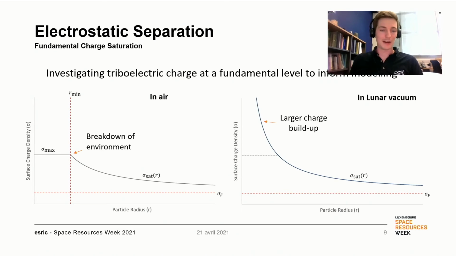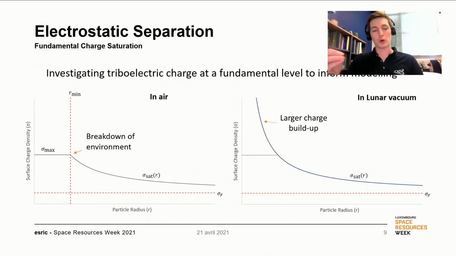If you look at the graph on the left, which suggests what might happen in air, you find that as your particles get smaller, the surface charge density that you can gain goes up, and as such how much the particle will be manipulated in an electric field goes up. But of course, as you increase charge, you're increasing the electric field created by these particles until eventually you'll have breakdown of the surrounding environment.